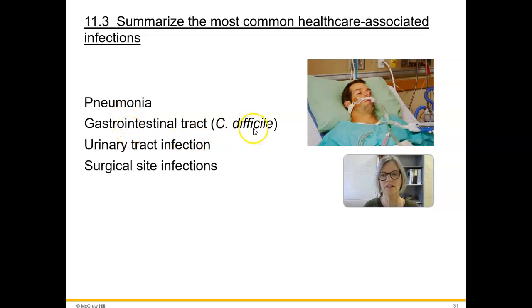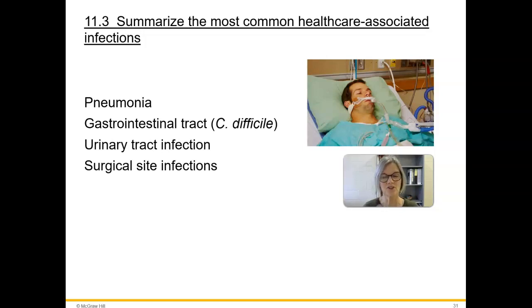And like I said, it can be one of the more deadly kinds of healthcare-associated infections. Gastrointestinal tract, we're going to spend a little time talking about C. diff or C. difficile, and that's one of the more common healthcare-associated GI tract infections, severe diarrhea caused by this. Urinary tract infections and surgical site infections are two of the most common kinds of hospital-acquired healthcare-associated infections. And urinary tract infections are common because of the extensive use of urinary catheters.